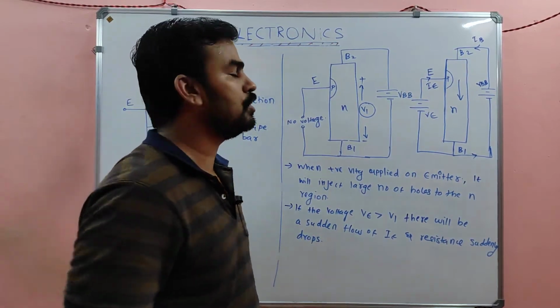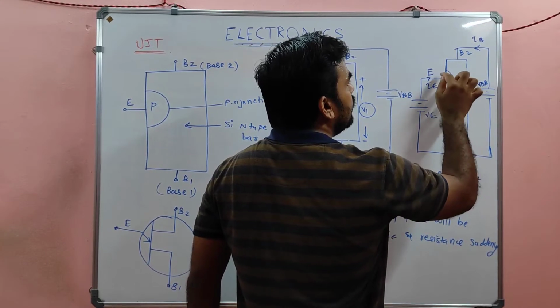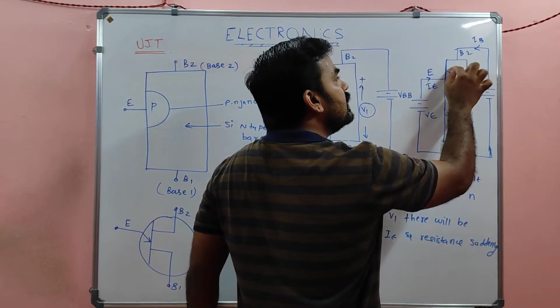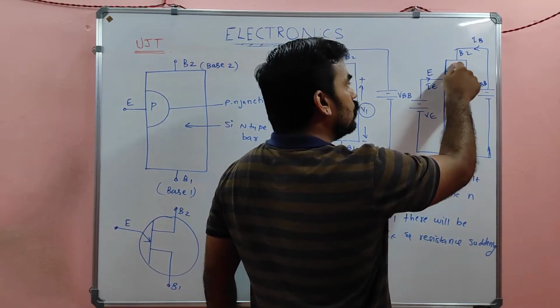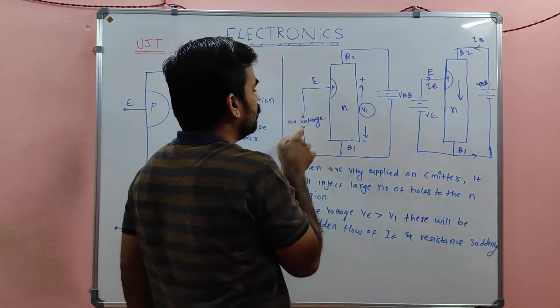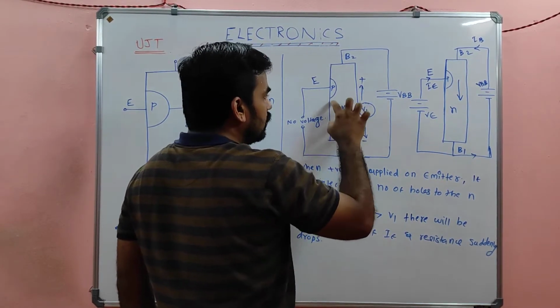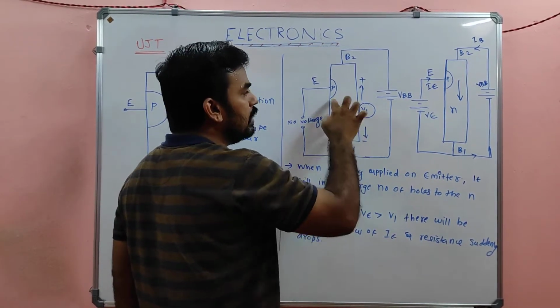And one more thing you have to note, this P and this base 2 now, E and base 2, this region is very small. So initially the resistance offered by this region will be very small without voltage in the emitter. But this P and the whole N, this region is very high.